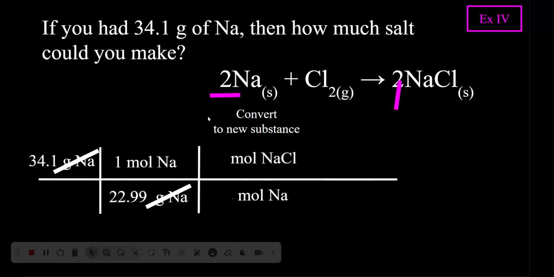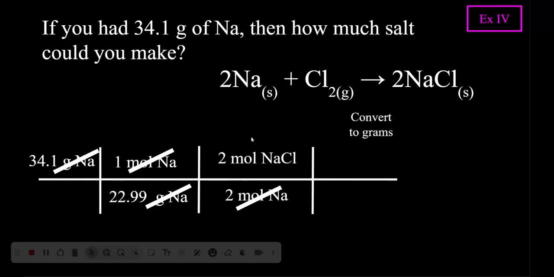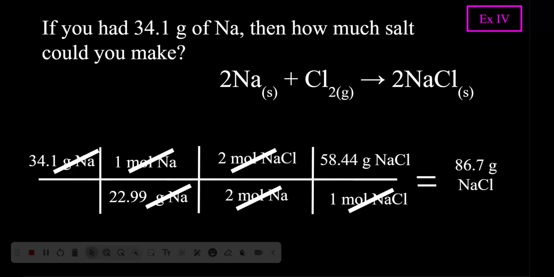I find the coefficients of the given substances, 2 and 2, and I put them in. You could write this as a 1-to-1 ratio, and you'd still get the same answer. Then I'm going to convert back to grams. All right, and there's my answer, 86.7 grams of sodium.